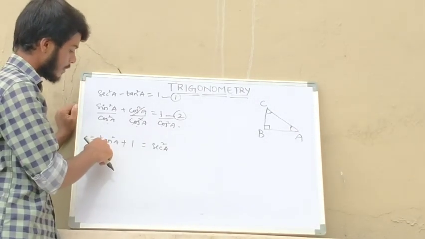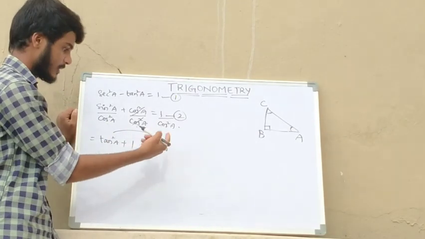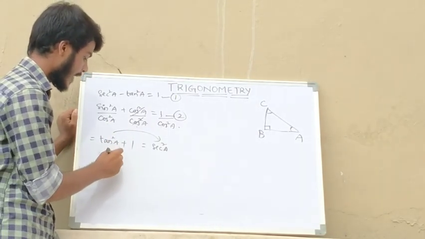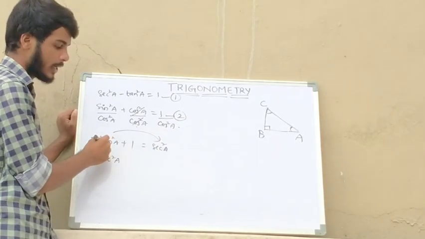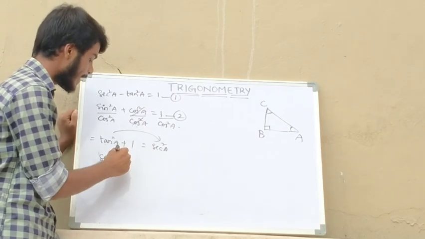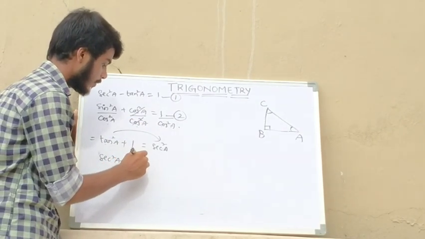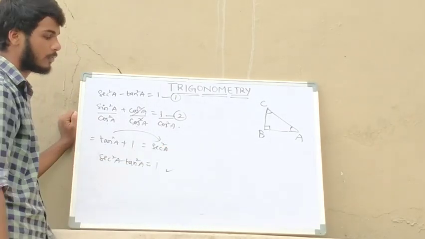So now transfer the tan square A to the RHS. So secant square A we have here, plus tan square A. If it moves to the right side, it is minus tan square A equal to 1. Thus it is proved.